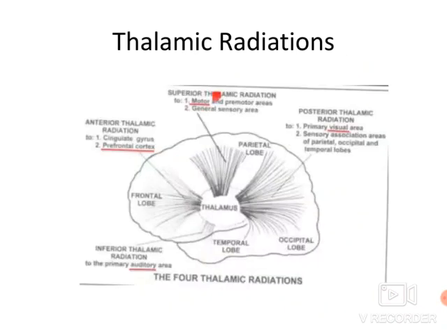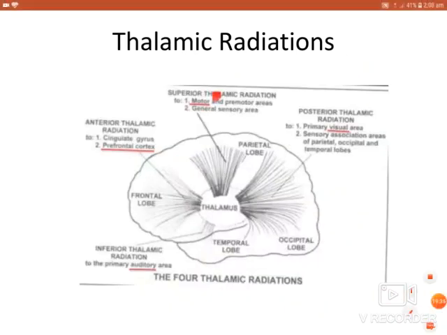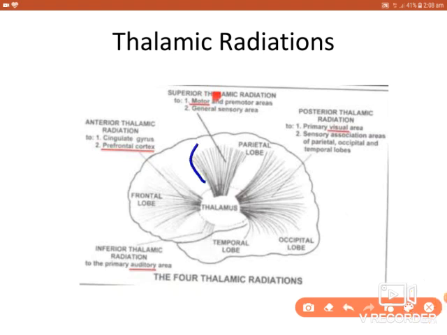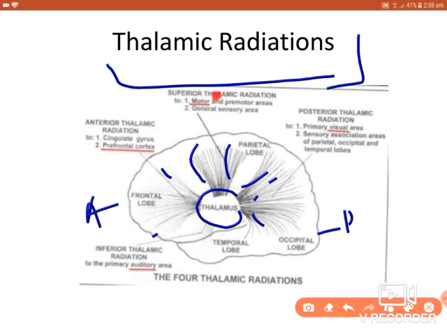Now we can summarize the outputs of the thalamus. Here you can see the thalamus, anterior and posterior, with the frontal, occipital, parietal and temporal lobes. The outputs of the thalamus form the thalamic radiations.